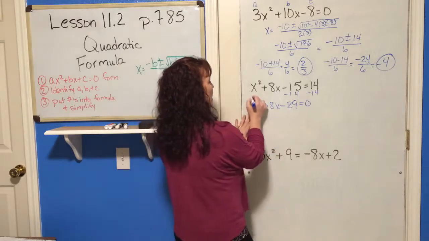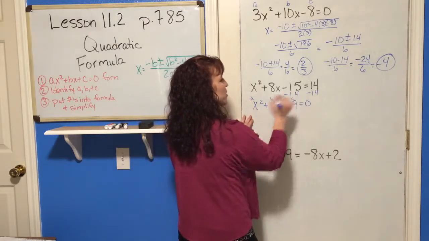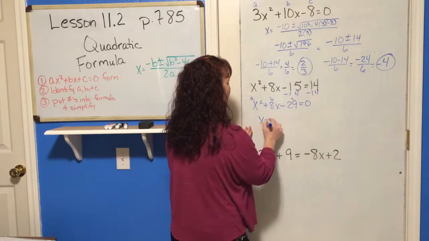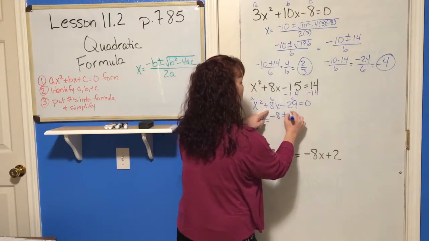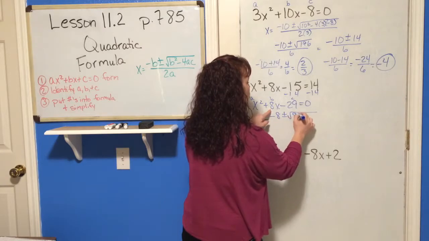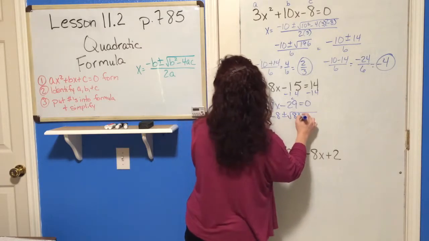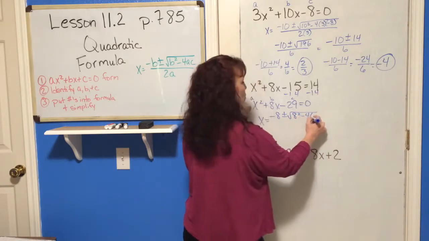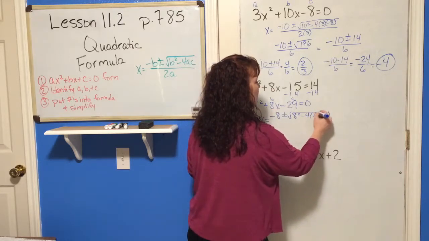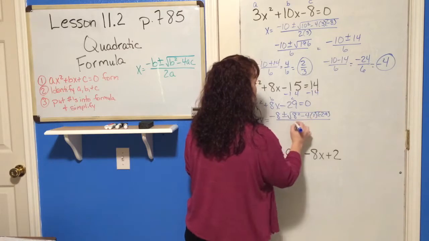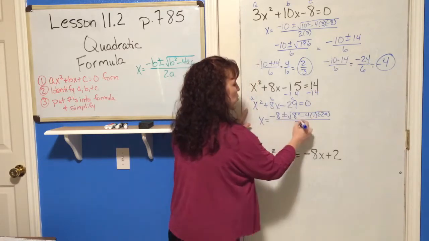And now we have our a term, our b term, and our c term. Plug them in. X equals negative b, so negative 8 plus or minus the square root of 8 squared minus, yes, minus 4 times 1 times negative 29, and all over 2 times a, which is just 1.